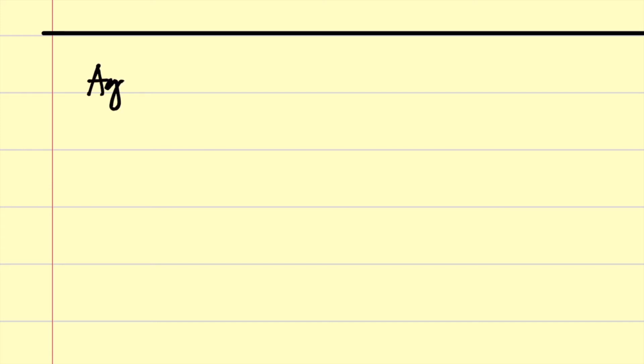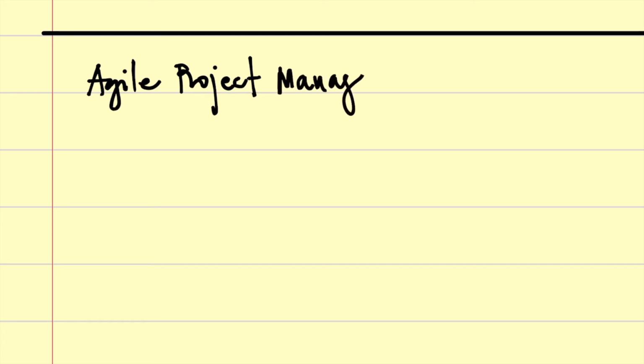Okay, then we continue with some theory, because as I said, I'm done with the network theory. Now we look at some more management theory, and this is agile project management.